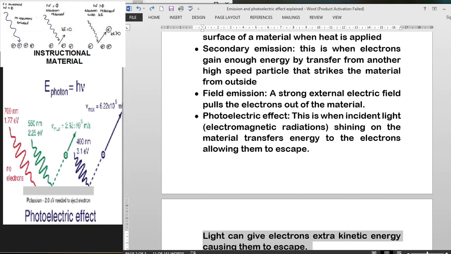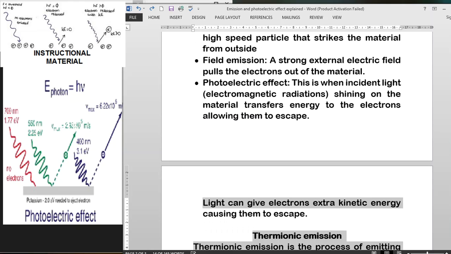So these are four major ways whereby electrons are emitted from a metal surface: thermionic emission, secondary emission, field emission, and photoelectric effect. Light can give electrons extra kinetic energy to escape, and we call that photoelectric effect.